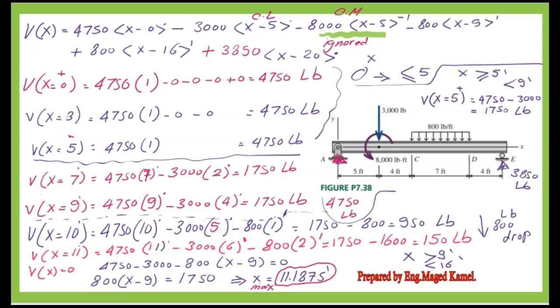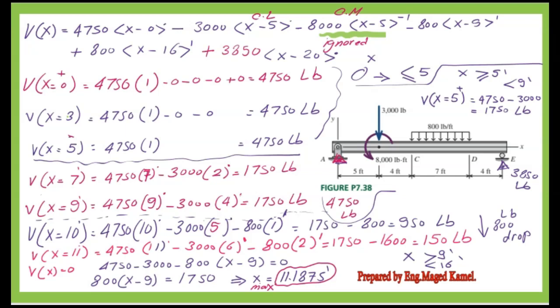While for V of x equal to 5, it would be 4,750 multiplied by 5 raised to the power of 0 equal 4,750 pounds. We consider what is called V of x equals 5 plus or a small amount more than 5 to express the step function.